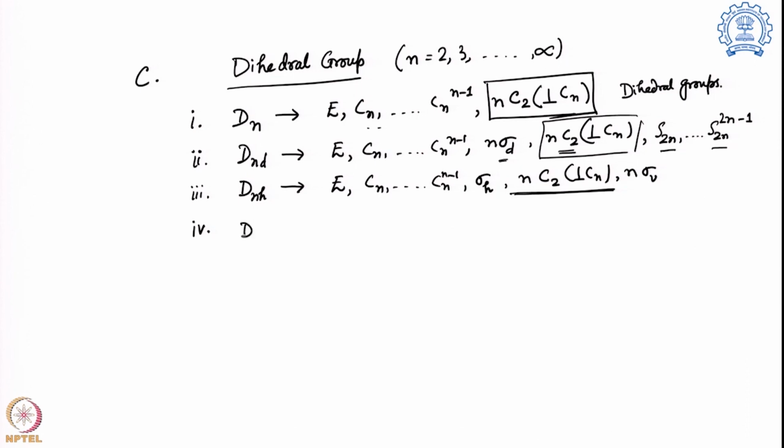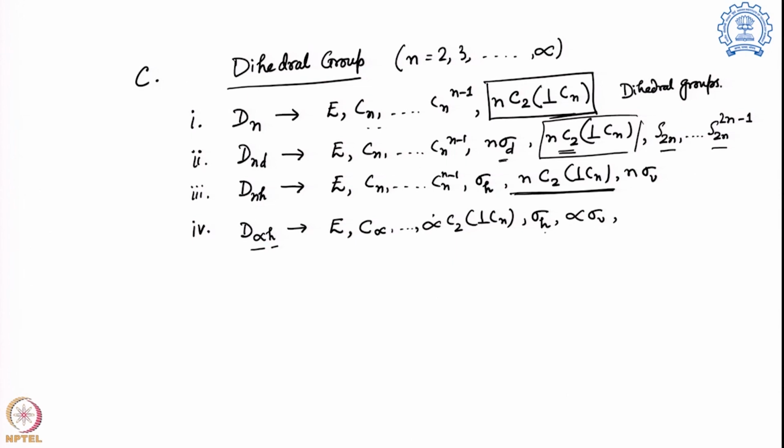Then the last one is D infinity h, where you have E, you have C infinity present, and you also have an infinite number of C2s perpendicular to the Cn. Along with that it is going to have a sigma h, so that defines this D infinity h nomenclature. Along with this they have an infinite number of sigma v's present, which was absent in the C infinity point group earlier.